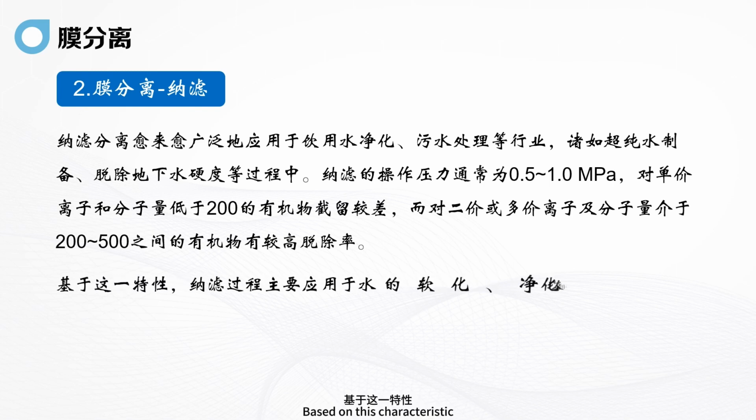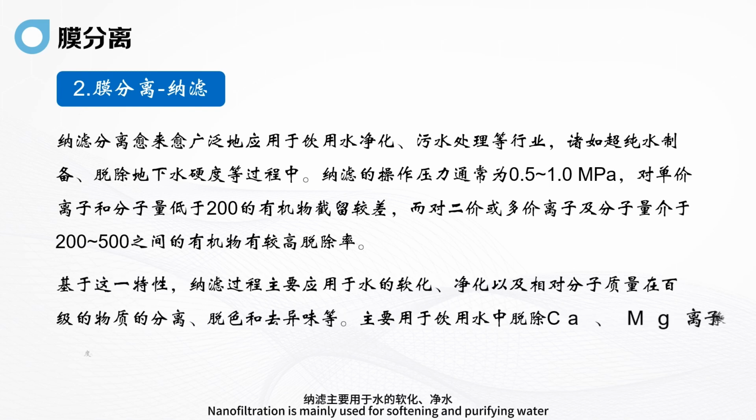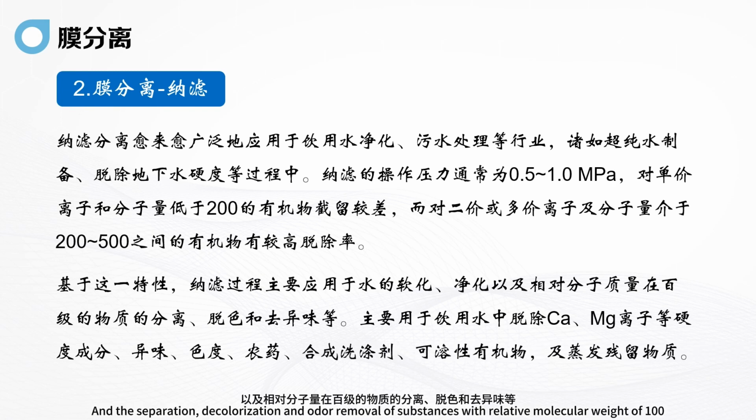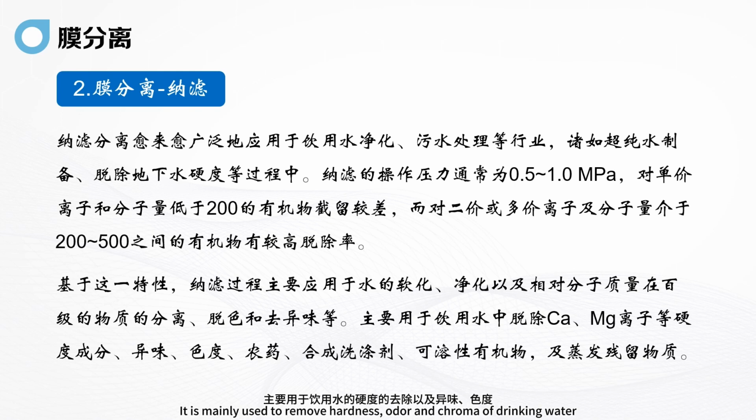Based on this characteristic, nanofiltration is mainly used for softening and purifying water, and the separation, decolorization and odor removal of substances with relative molecular weight of 100. It is mainly used to remove hardness, odor and chroma of drinking water, pesticides, synthetic detergents, soluble organic compounds, and evaporation residues, etc.